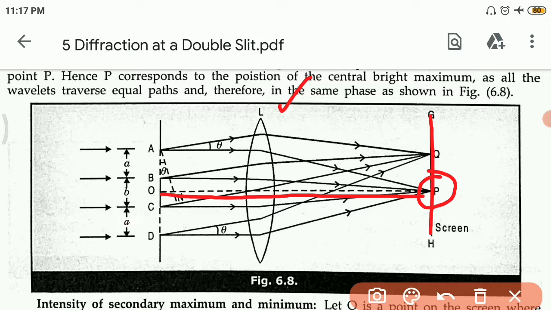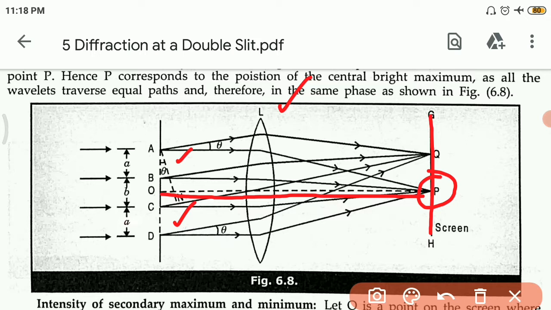Then if we now consider a plane wavefront which is incident on the two slits, then as per the Huygens principle every point in the slits, that is AB and CD, will send out secondary wavelets in all directions.